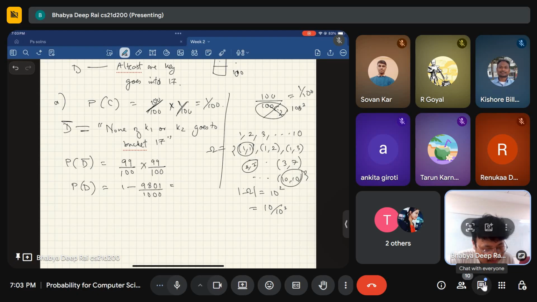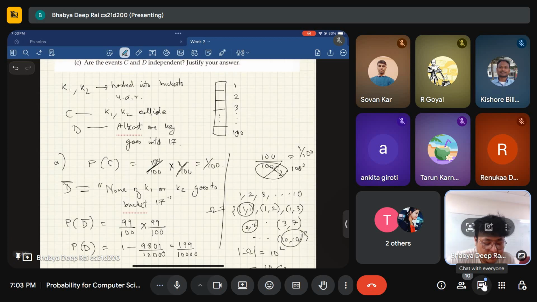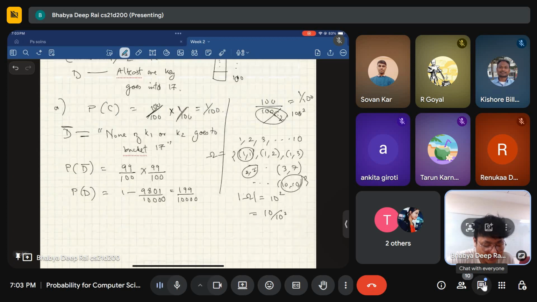So this should come to 199 by 10,000. Good. So this is the probability.